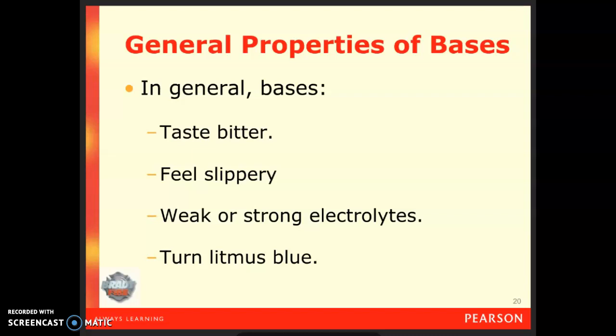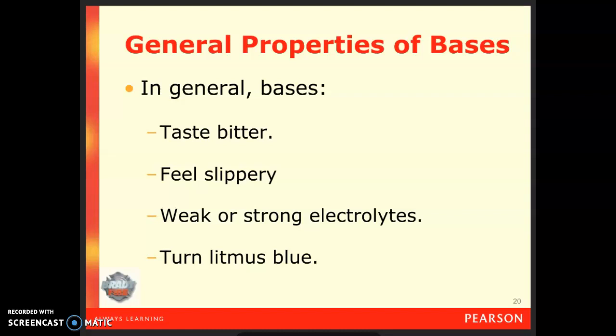So when you touch a base, the hydroxide starts reacting with the oils on your skin, with your skin surface itself, and it creates this soap-like kind of feel. And so you're literally making soap in between your fingertips with the base. And if it keeps going, it goes from being slippery to actually starting to hurt.